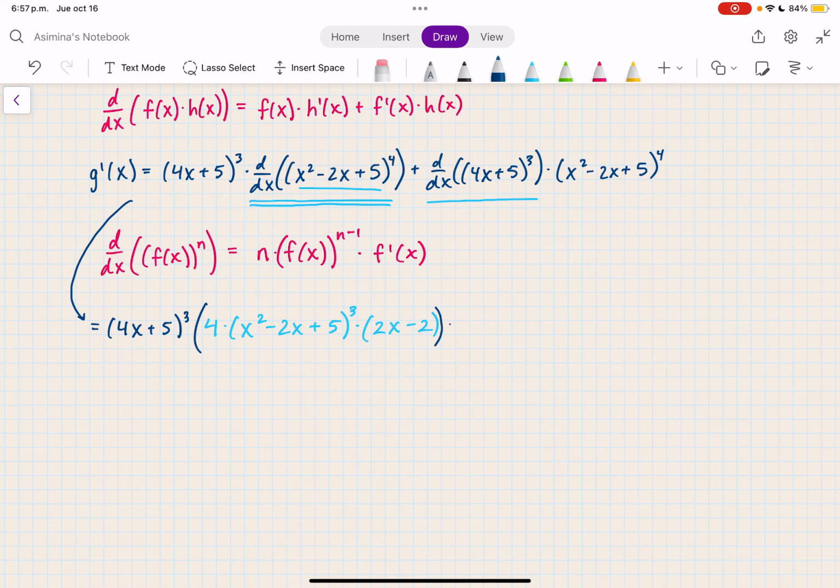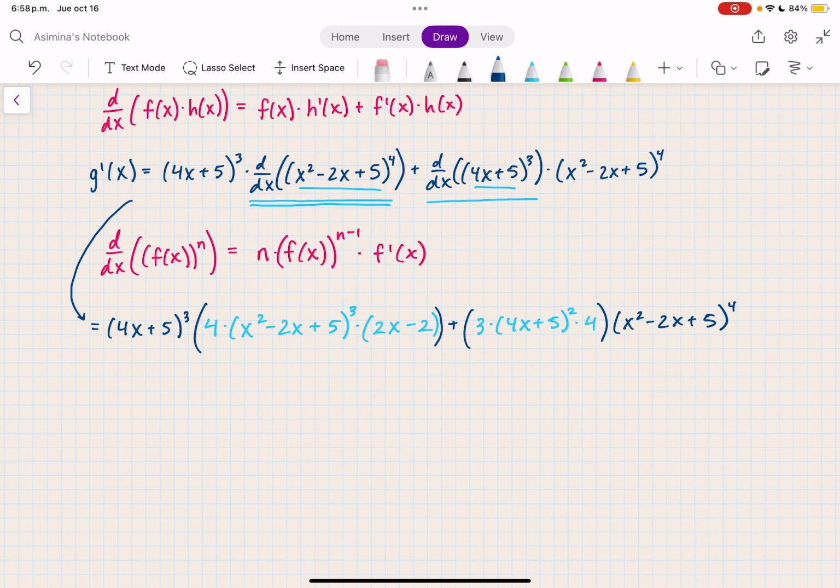That's that derivative. Now plus the derivative of (4x + 5) cubed, so that'll be 3 times (4x + 5) squared times the derivative of 4x + 5, which is just 4. And this is times (x squared minus 2x + 5) to the fourth.